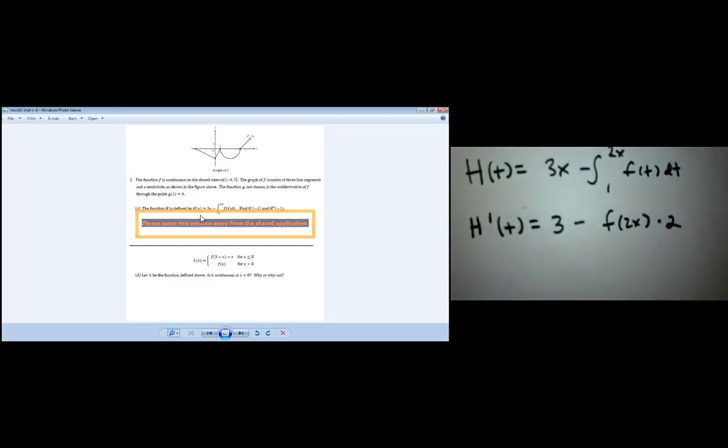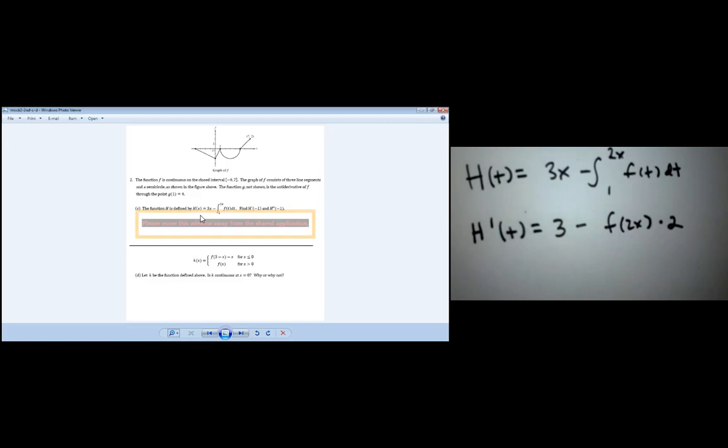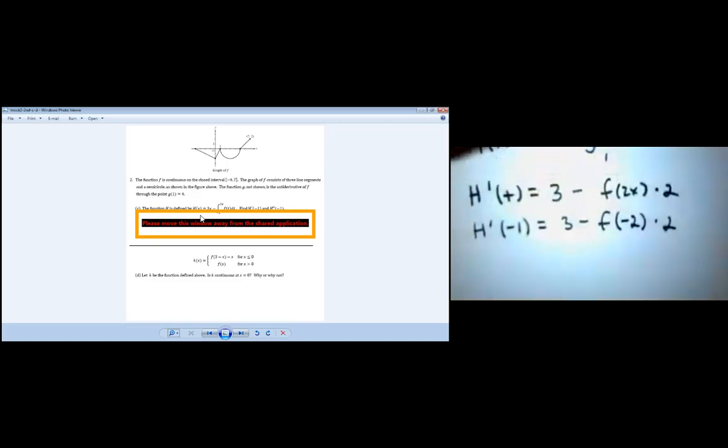Does anybody have any questions on that derivative? Okay, and then we want to put in -1. So h prime of -1 is 3 minus f of -2 times 2. So we need to figure out f of -2. That's up here.